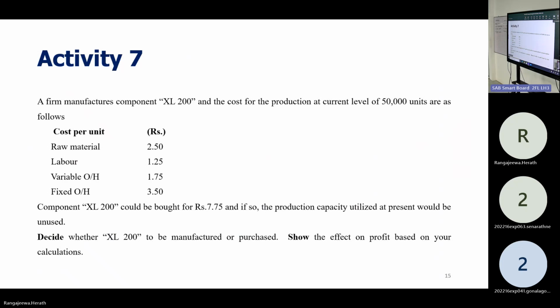If so, the production capacity utilized at present would be unused. Whether a company should manufacture or purchase.